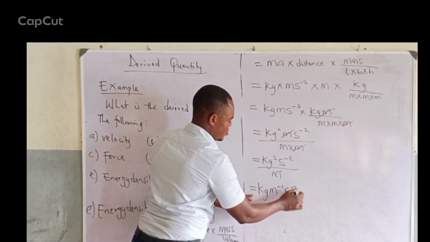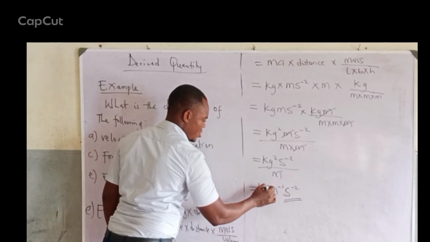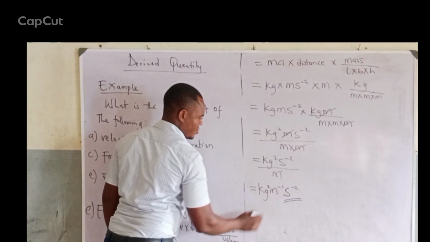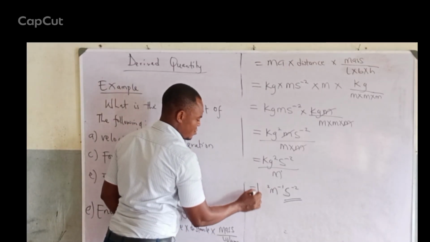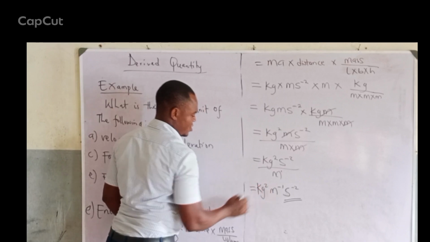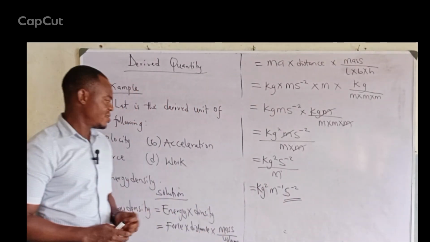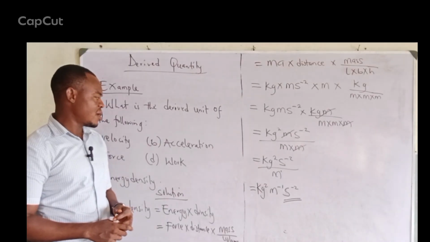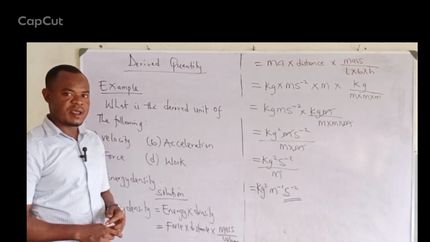So this is the dimension of energy density: kilogram square per meter per second square. Very simple.